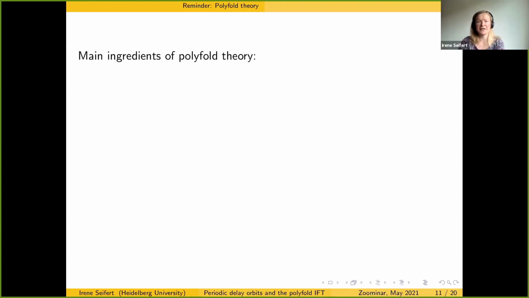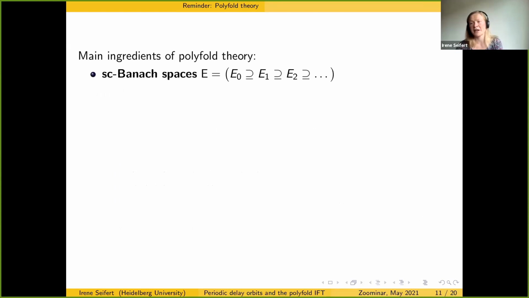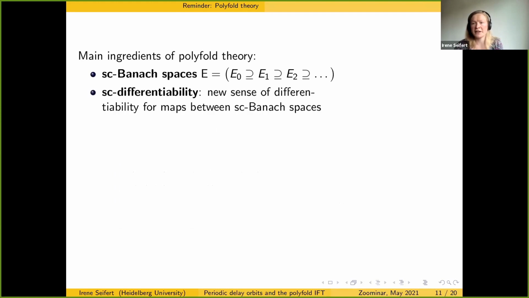The main ingredients here are the scale Banach spaces to start with. So a Banach space with a filtration by subspaces, which are Banach spaces on their own, with compact and dense embeddings. And then a notion of scale differentiability for maps between these spaces. This is what is called scale calculus.